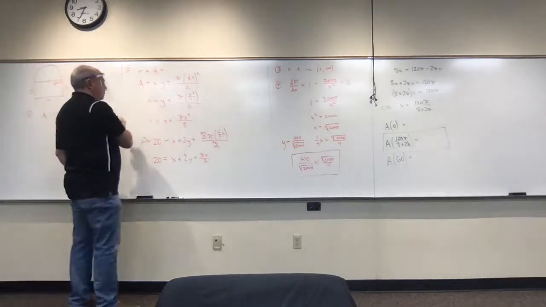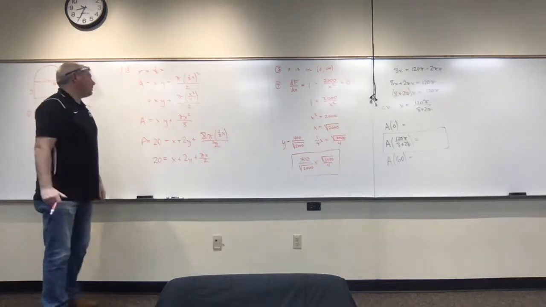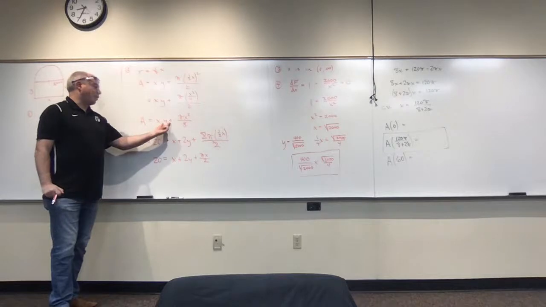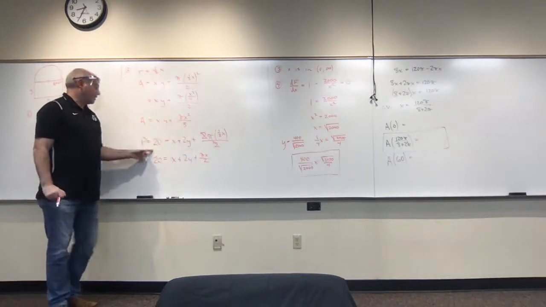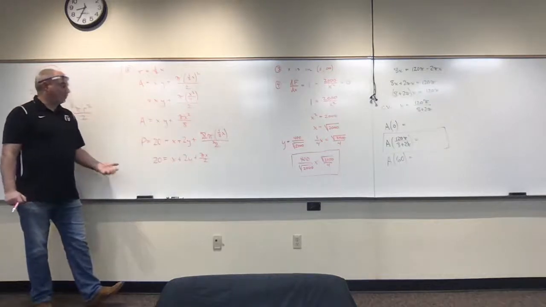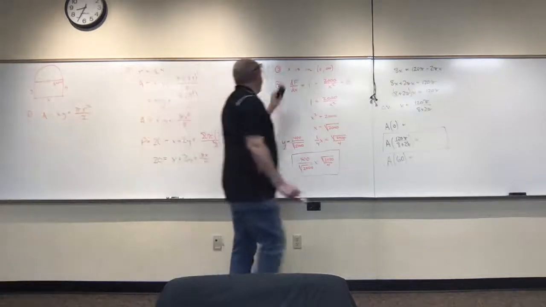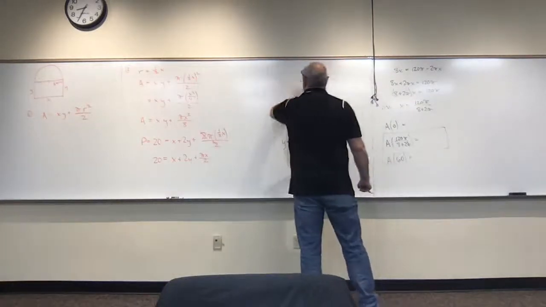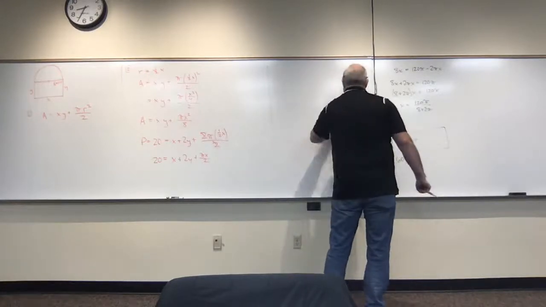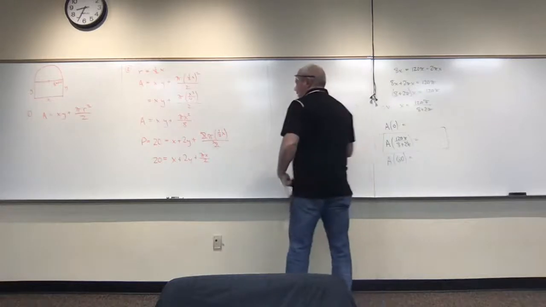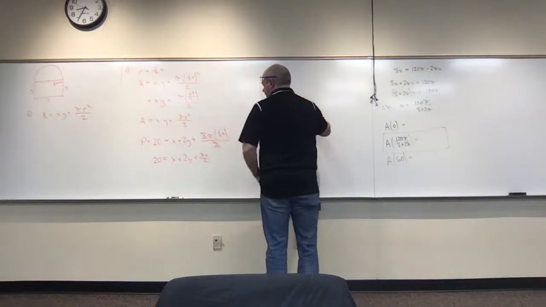Over here, this is my most recent version for area. It'd be much nicer if I could plug in for y than if I plugged in for x because I have an x squared. So if I could solve this thing for y, that would probably be my best bet. So let's solve that equation for y. I'm going to move everything to the other side except the y's.